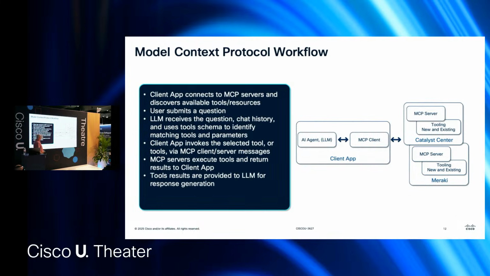The results are used by the large language model with the question that was initially asked to provide an answer to the user. So it's a very important process to understand. The tools execution happens on the servers. The AI interface is in the client.